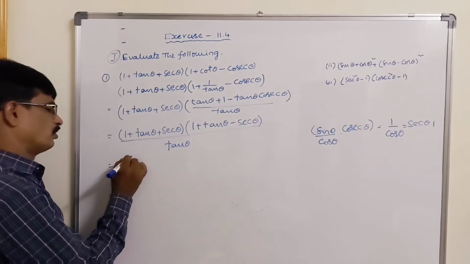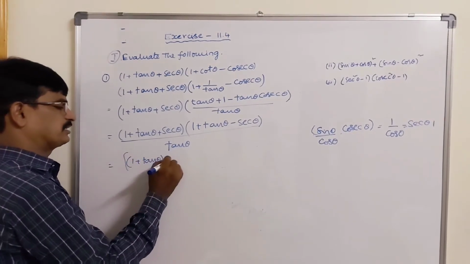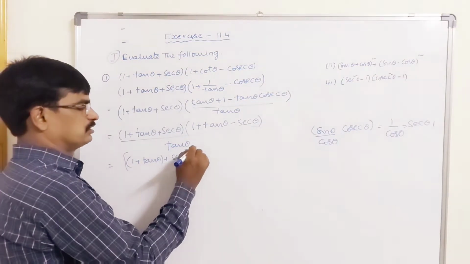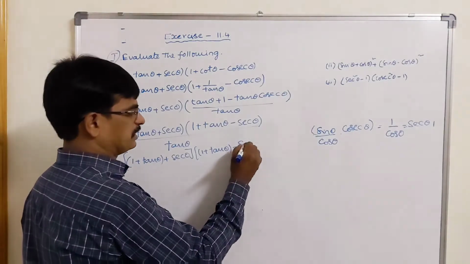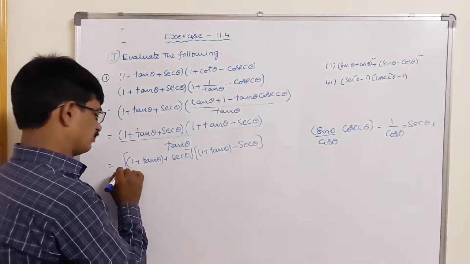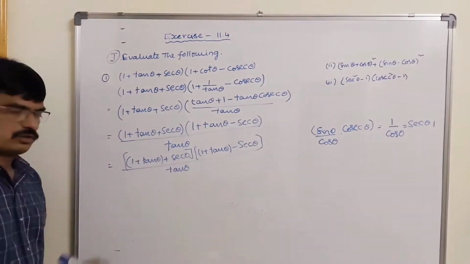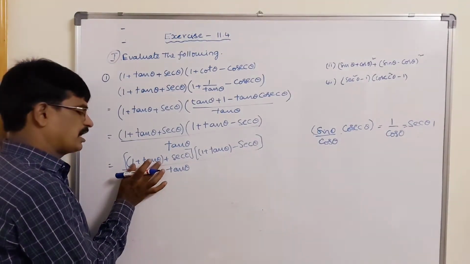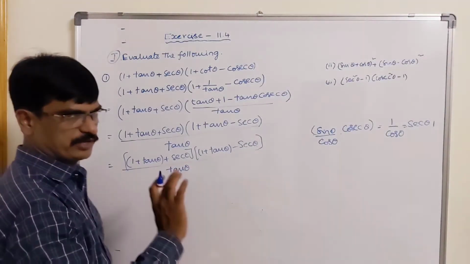Next, make 1 plus tan theta a group plus secant theta. Here also make 1 plus tan theta one group minus secant theta, by tan theta. Now is it in the form of a plus b into a minus b?